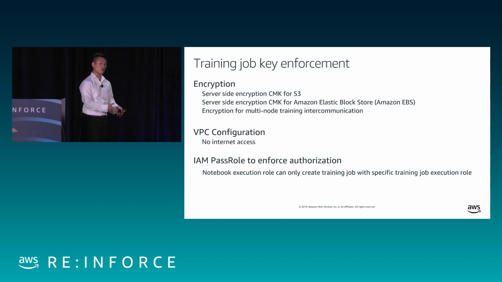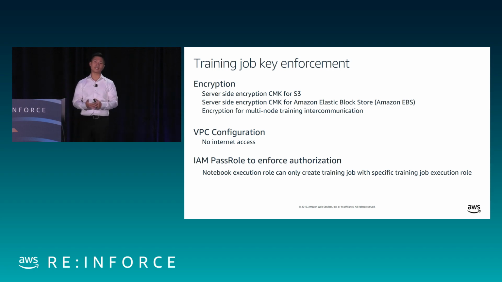So here's the key enforcement that we did with the Lambda function. We enforce encryption at rest for S3 and EBS volumes using server-side encryption with a CMK, customer managed key. We also enforce encryption for multi-node training inter-node communications.